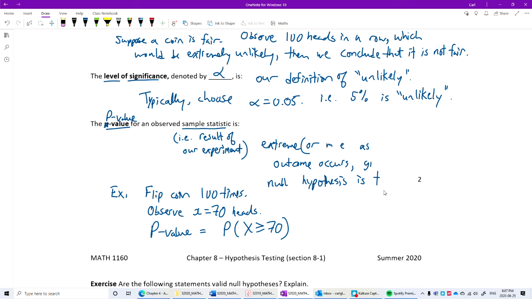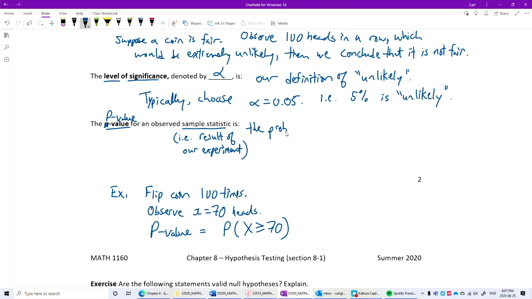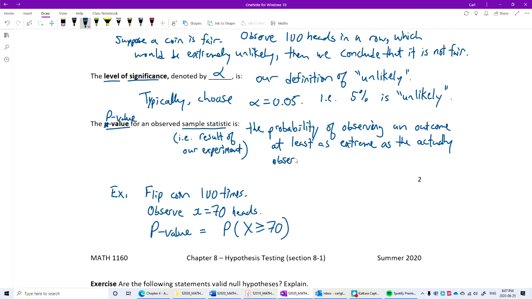The p-value is the probability of observing an outcome at least as extreme as the actually observed outcome, given that the null hypothesis is true, assuming that the null hypothesis is true.